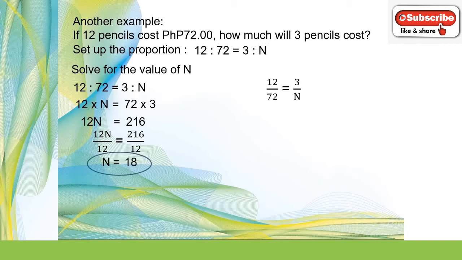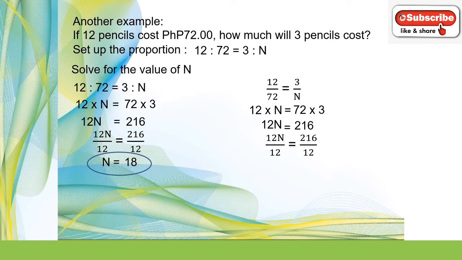To solve for the value of n in fraction form, use cross multiplication. Cross multiply 12 times n, then 72 times 3. 12 times n equals 12n. 72 times 3 equals 216. Divide both sides by the numerical coefficient.